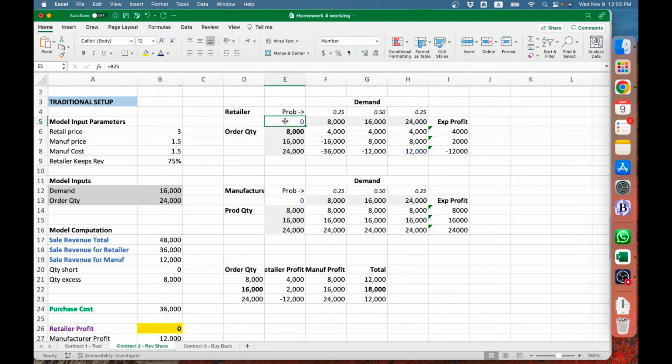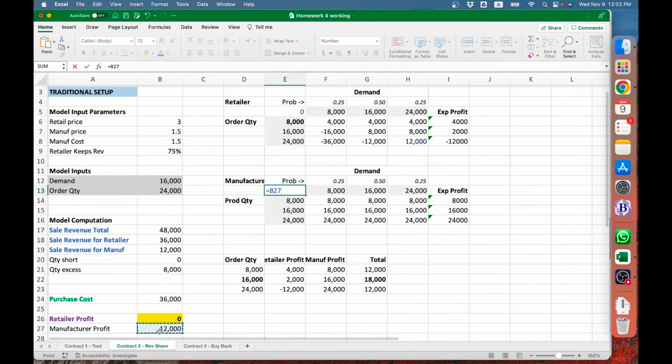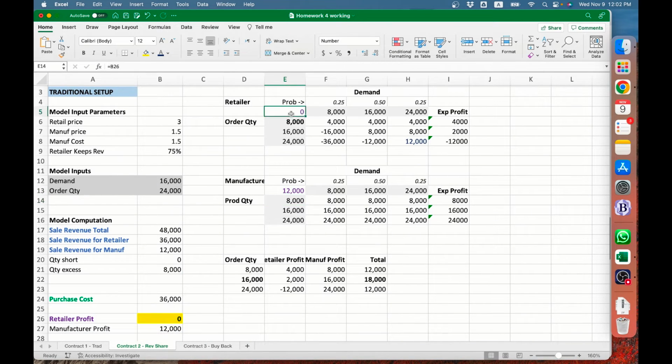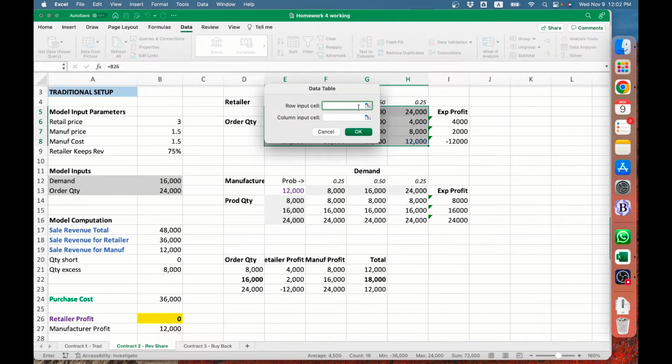Now let's make sure the retailer's profit is the right cell. It's cell B26 now, this one, and manufacturer's profit is in cell B27. Okay, and now let's rerun those data tables. What if analysis data table?